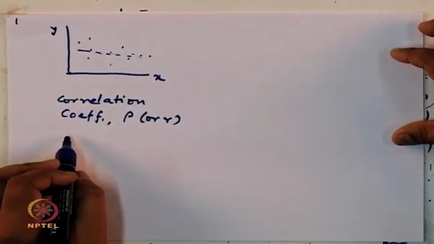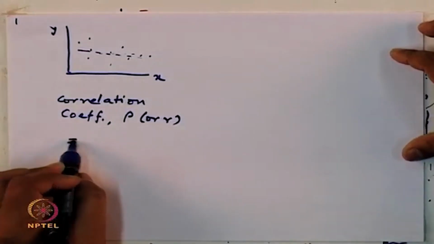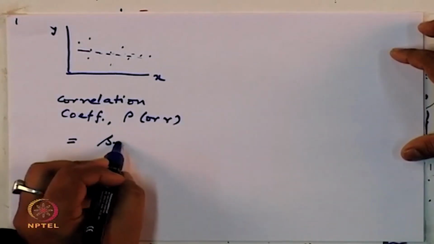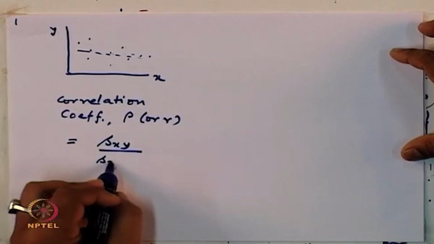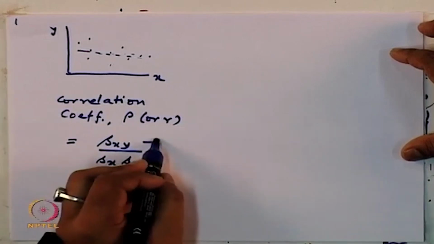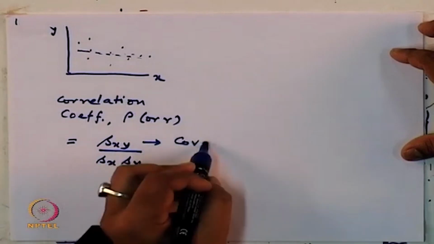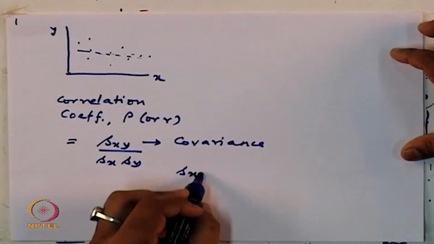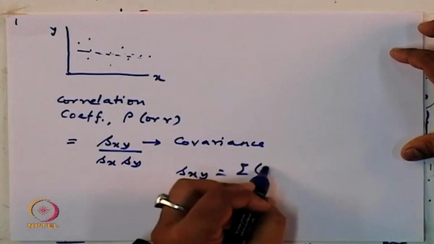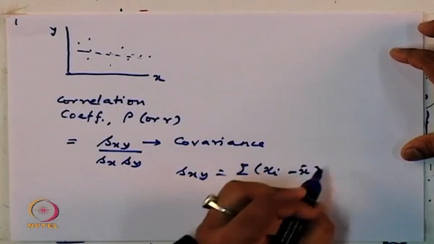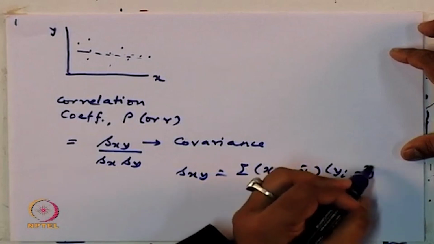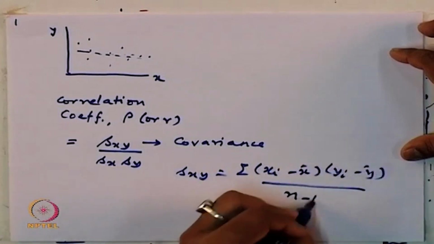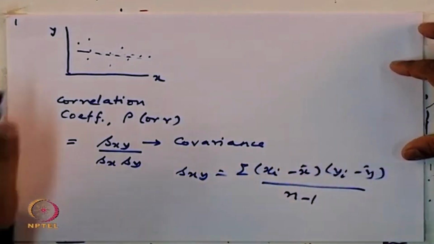It is defined by sxy by sx times sy, where sxy refers to the covariance, defined by sxy is equal to summation of xi minus x bar into yi minus y bar, whole divided by n minus 1.